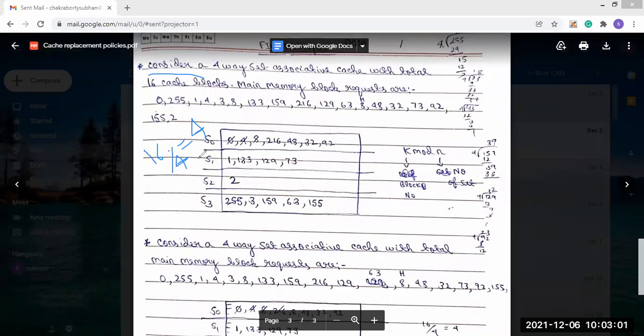That is why 4 sets are present: set 0, set 1, set 2, set 3.